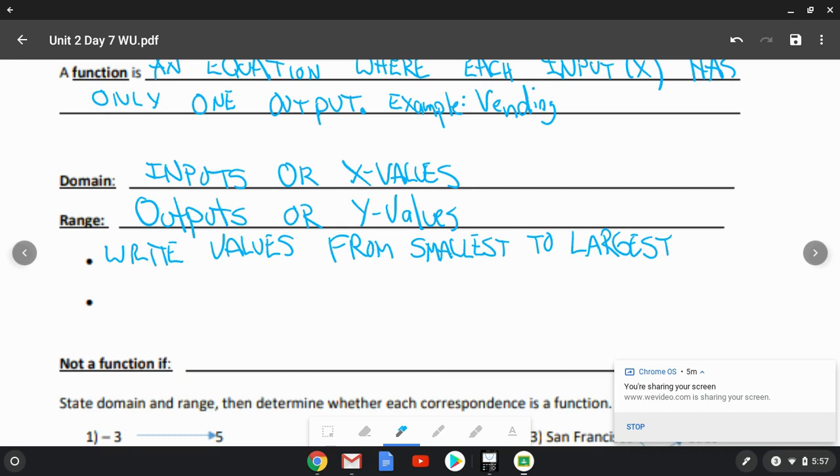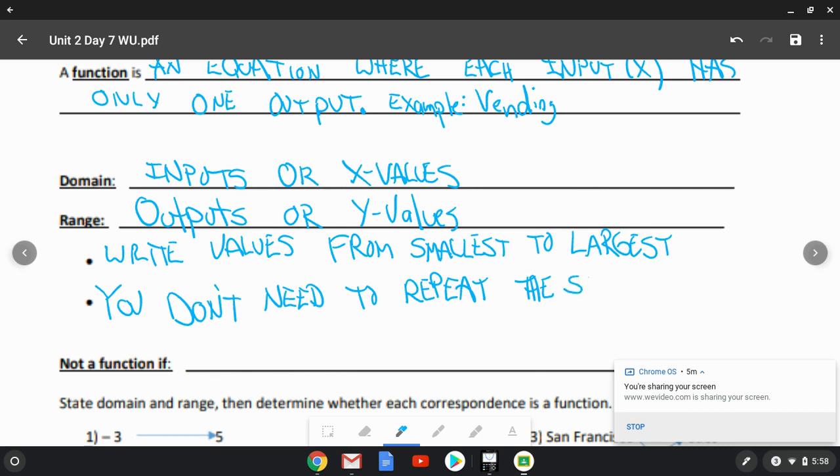So that's the other thing that we're going to write here. You don't need to repeat the same numbers. So we only have to write it once if they're asking for the domain or range, or your inputs and outputs.